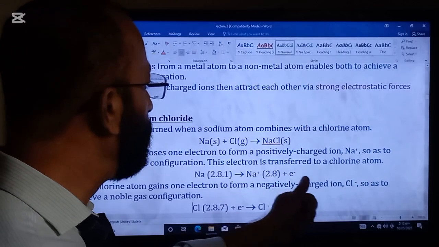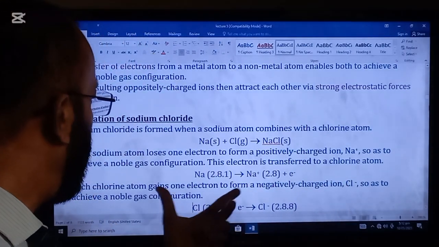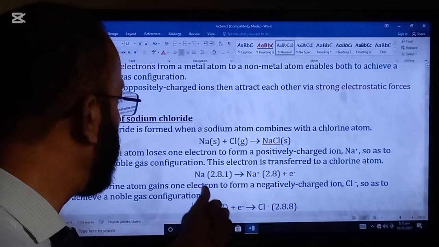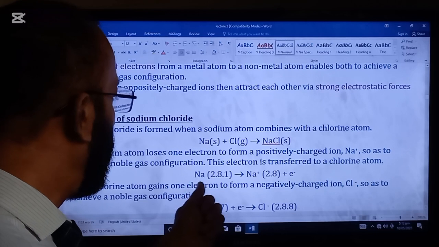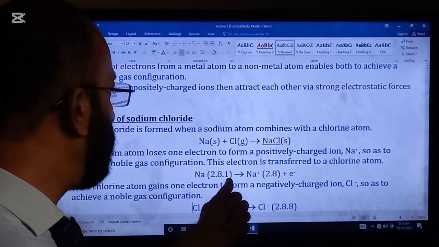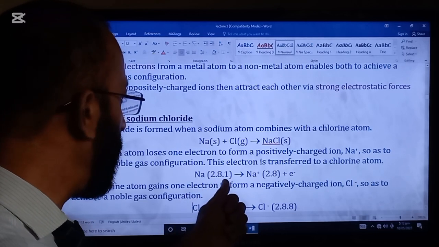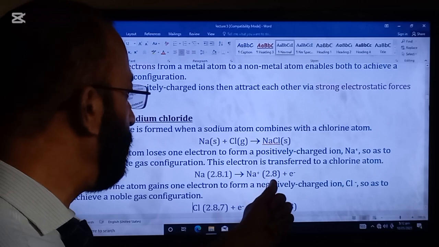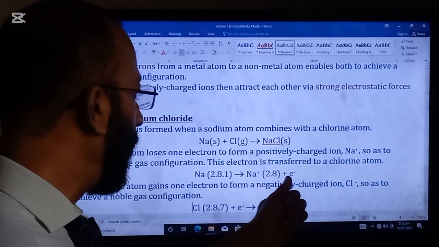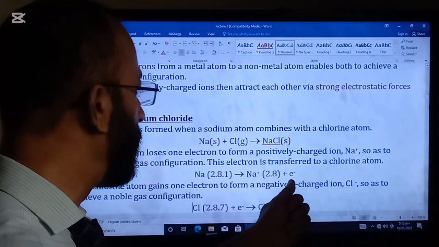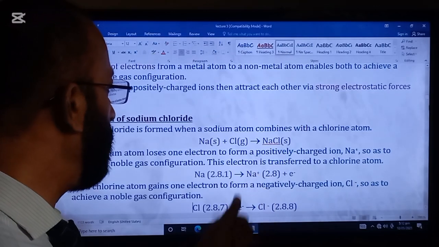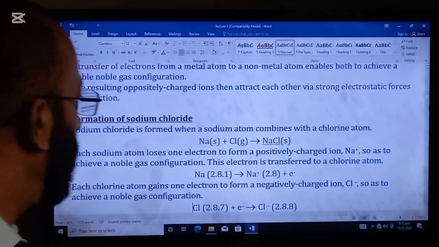This electron is transferred to the chlorine atom, and here is the process of the sodium. Electron configuration is 2,8,1. It will lose the last valence electron to achieve the noble gas configuration, that is 2,8, and as this valence electron is lost, it has +1 charge.